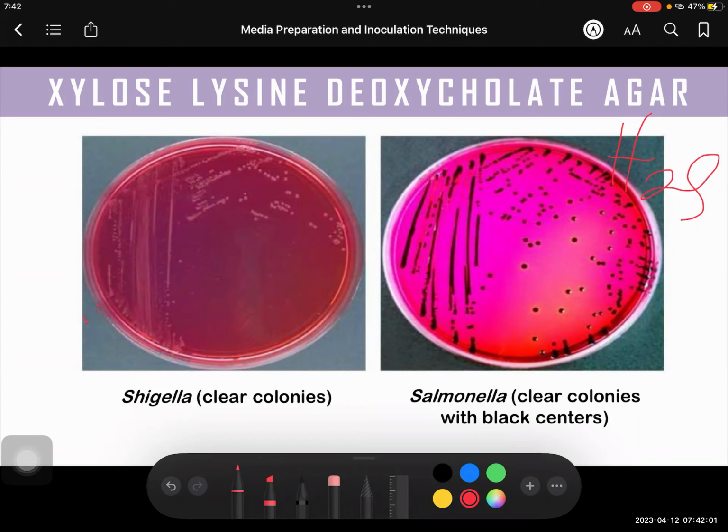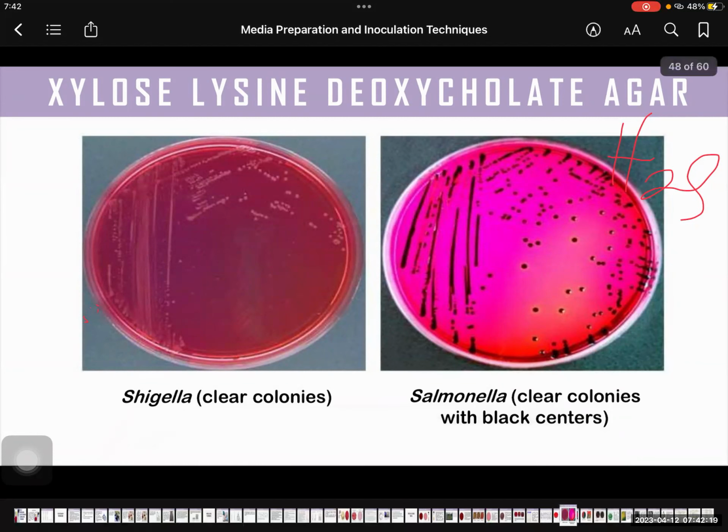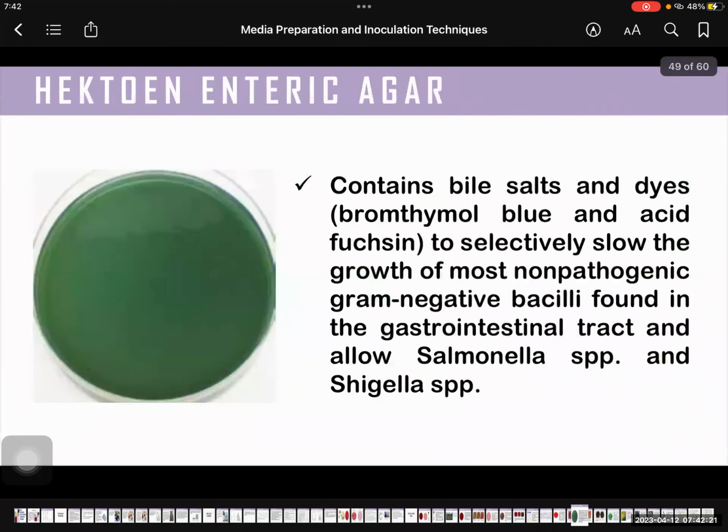Actually, other members of Enterobacteriaceae can actually grow on XLD and they have yellow. Yeah, kapag non-lactose fermenter, clear lang din yung color. But for a lactose fermenter, mag-yellow yung agar.